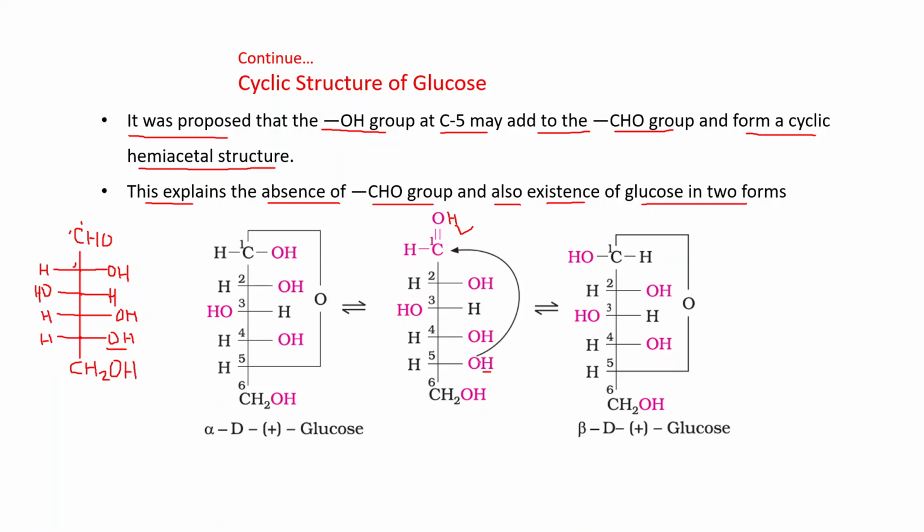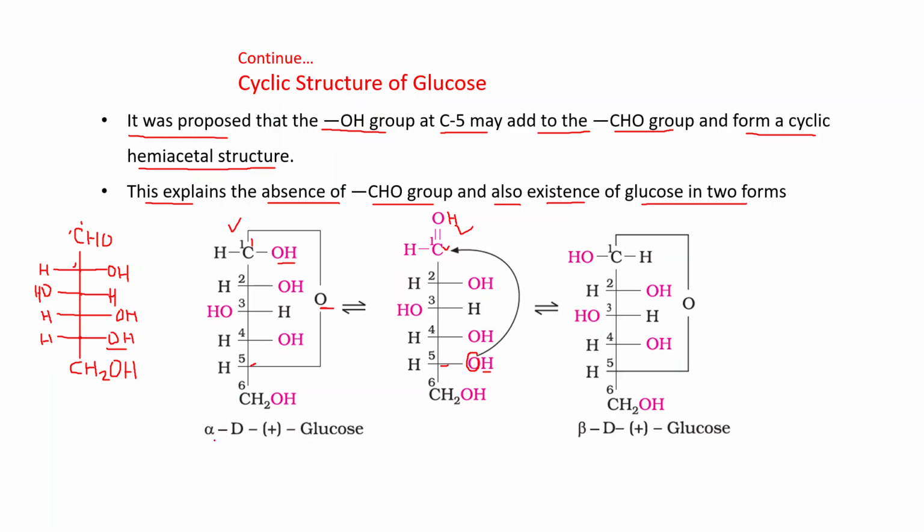And this oxygen will link to the carbon of the aldehyde group, and this is the fifth carbon, and this is represented like this. This is the first carbon atom and this is the fifth carbon atom, and this oxygen is making a bond with these two carbon atoms, and on the first carbon atom this OH is on the right hand side.